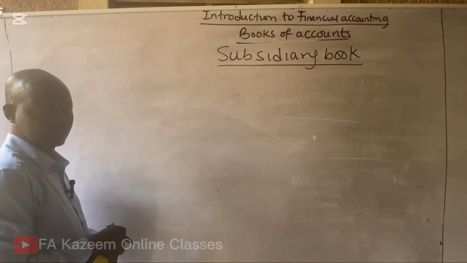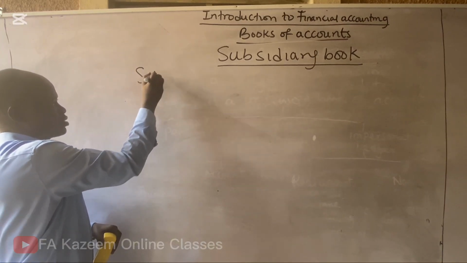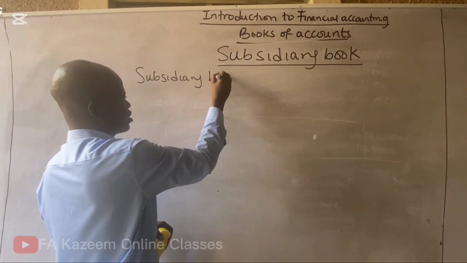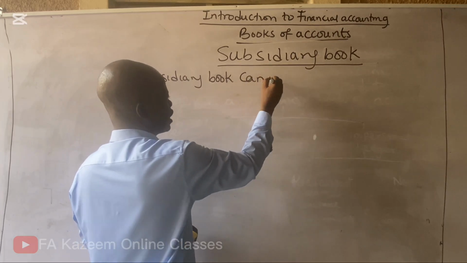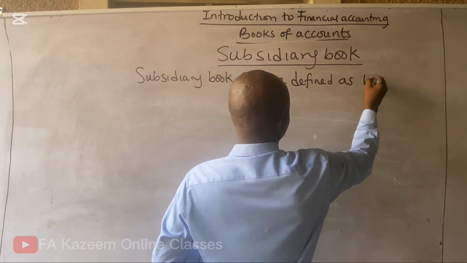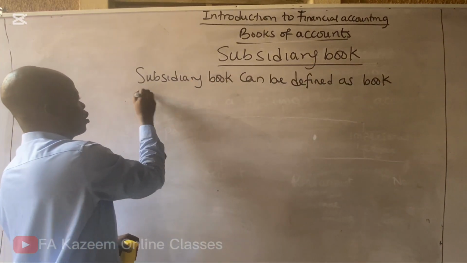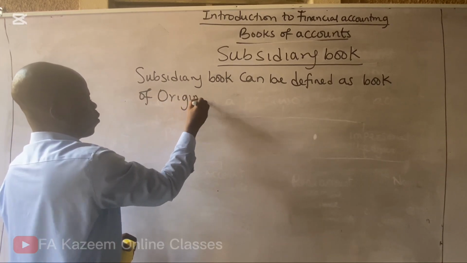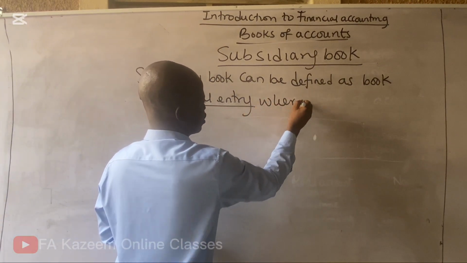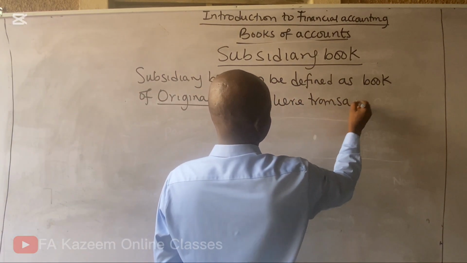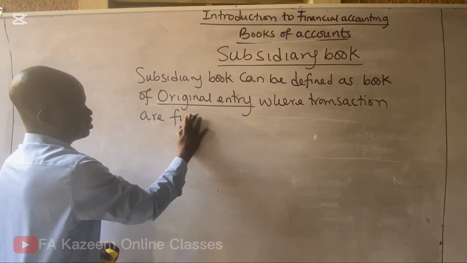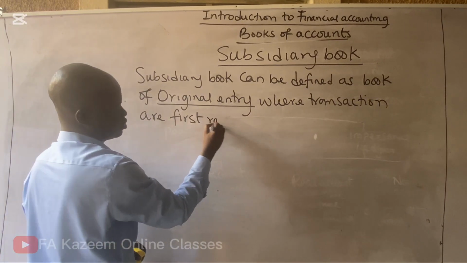Now, when we say subsidiary book, it can be defined as a book of original entry where transactions are first recorded.